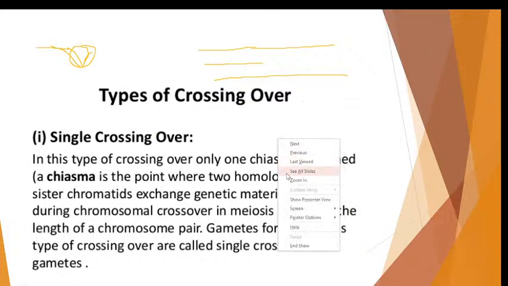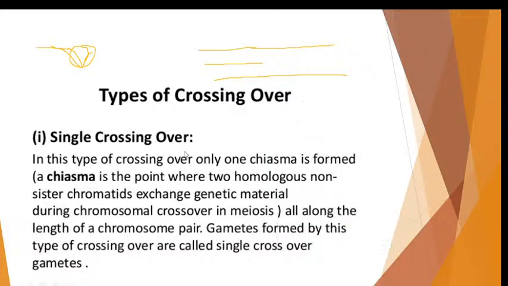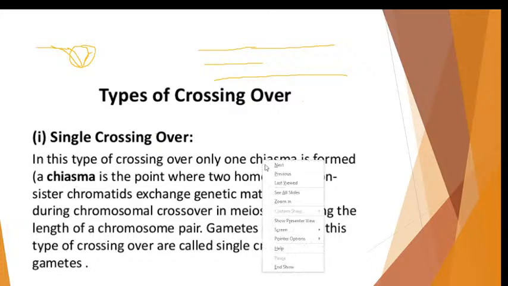That is single crossing over. The gametes formed by this type of chromosome are called single crossover gametes. Next is double crossing over.